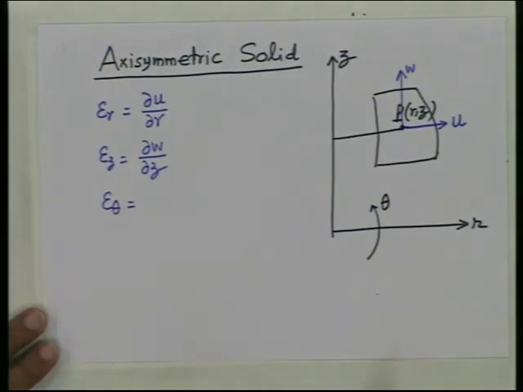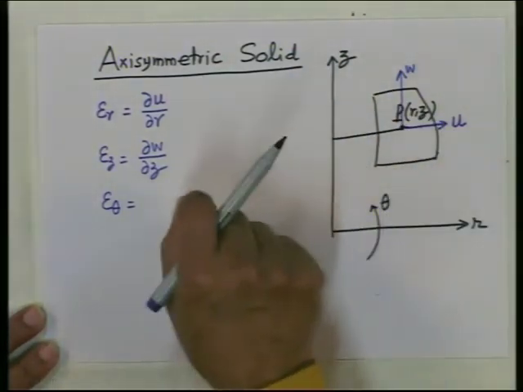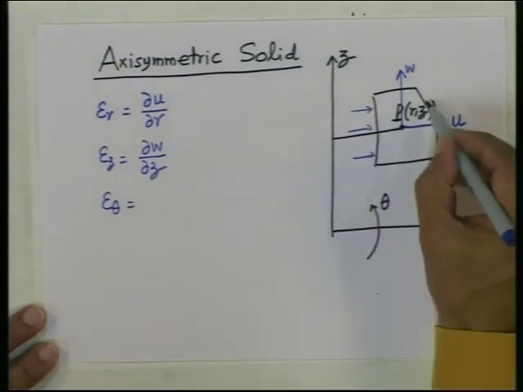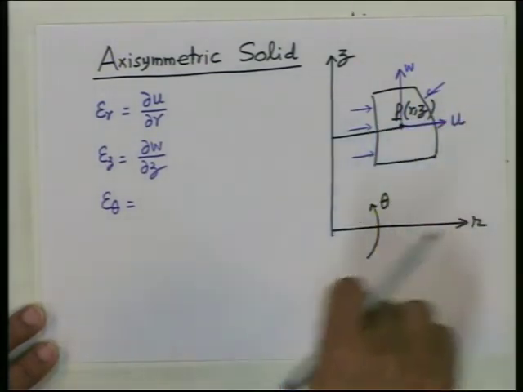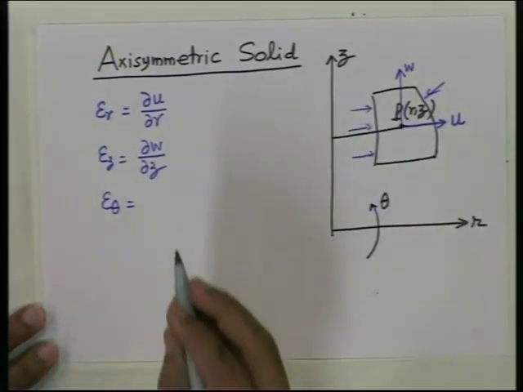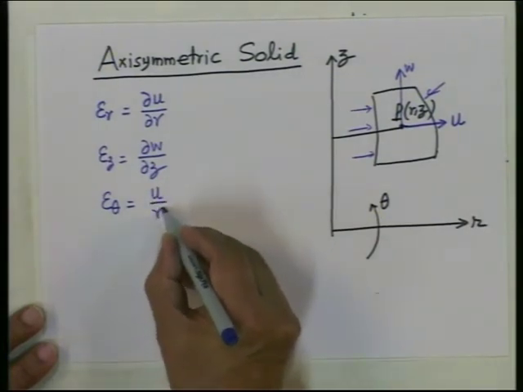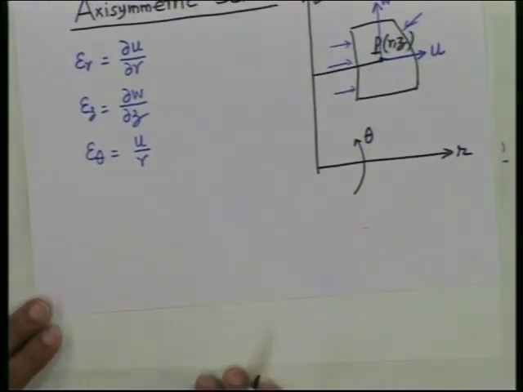I think I explained to you last time that every circle will change its radius. The original circle, under the action of loads acting on it, will move, so the radius is changing.